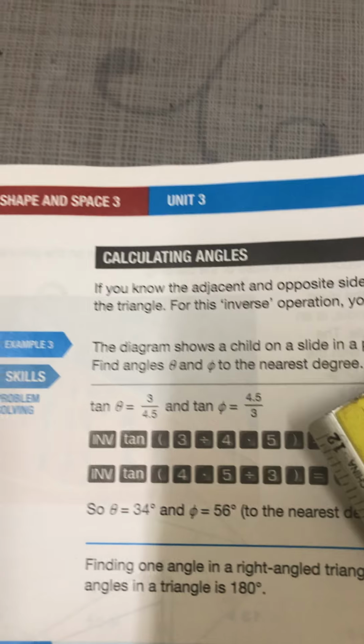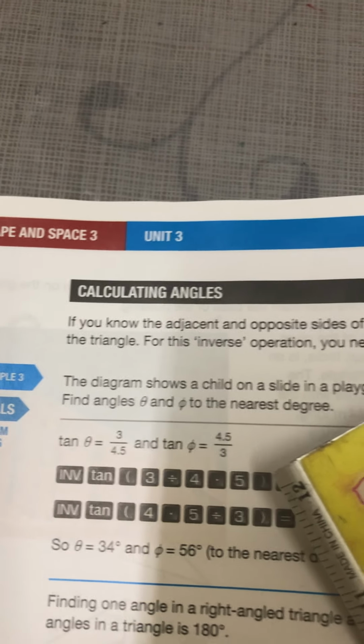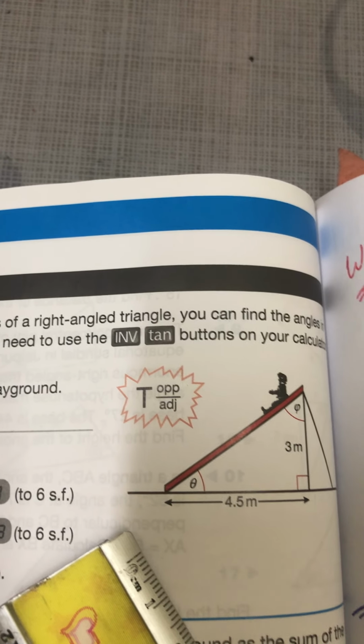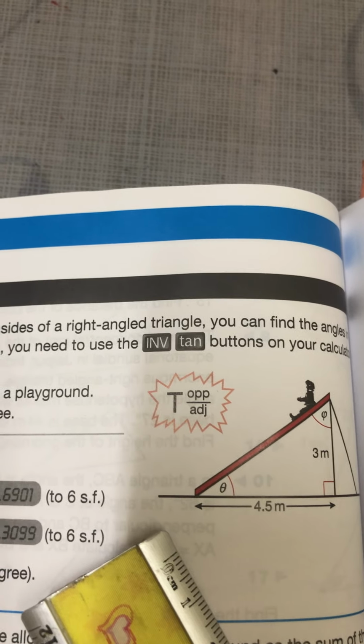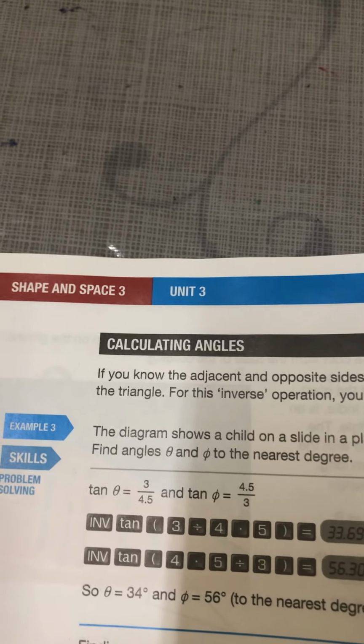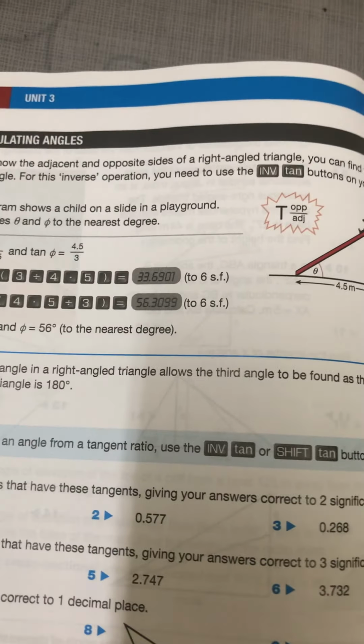Today, inshallah, I'll give you the ratio and ask you to find the measure of the angle by using also the tan ratio, which is opposite over adjacent. Do you remember in the last lesson?